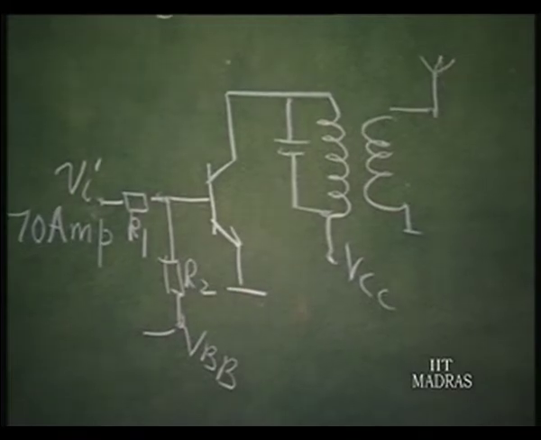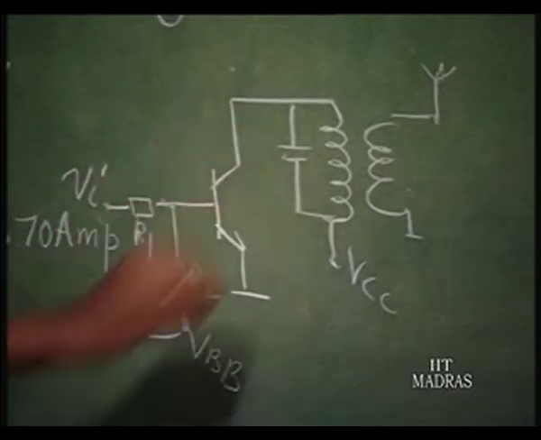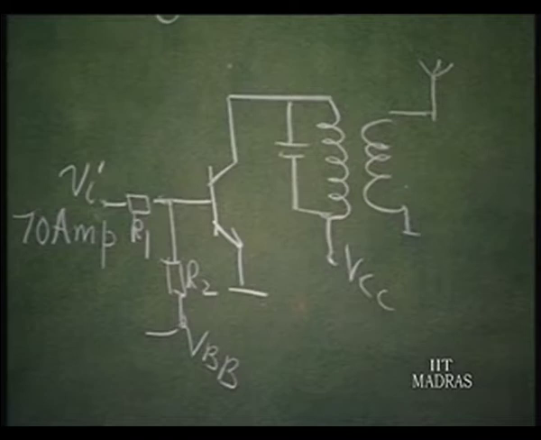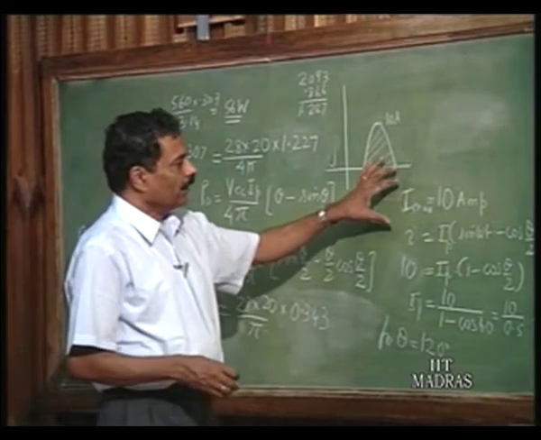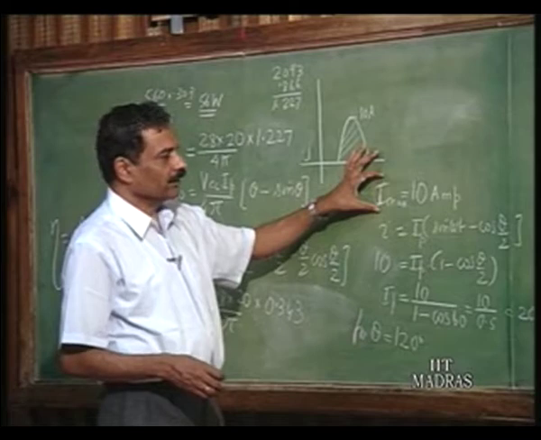So, effectively we said there is going to be a current pulse here, angle of conduction being decided by us. Smaller the angle of conduction, better is the efficiency. Of course, the output power delivered depends upon the angle of conduction. If you want to deliver large output power, okay, it has to conduct for a longer duration, right. So, let us now see the design, how this is going to work.